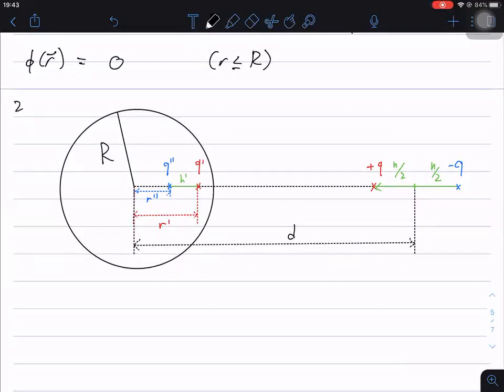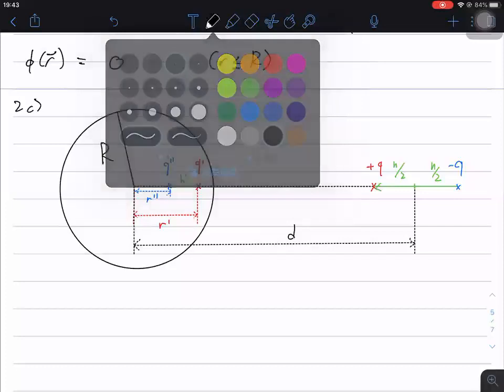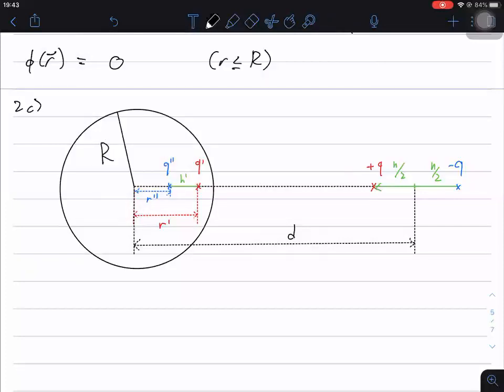For question 2C, this time the direction of the dipole is parallel to the direction of the distance between the dipole and the center of the sphere, and the dipole is pointing towards the center of the sphere. So we have plus q and minus q here.